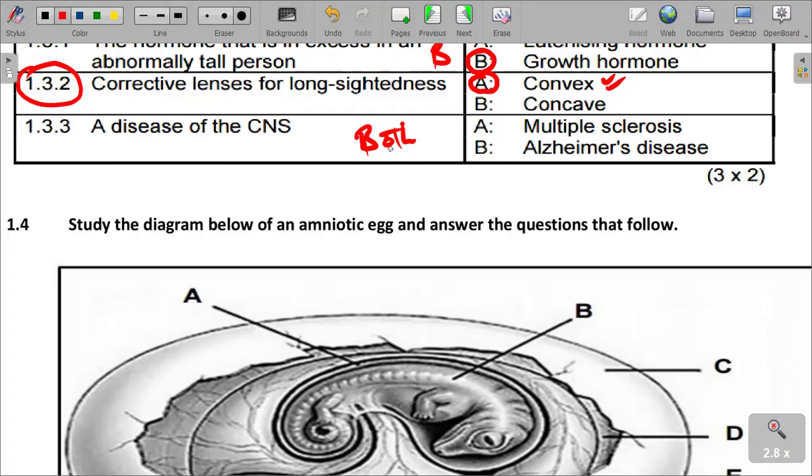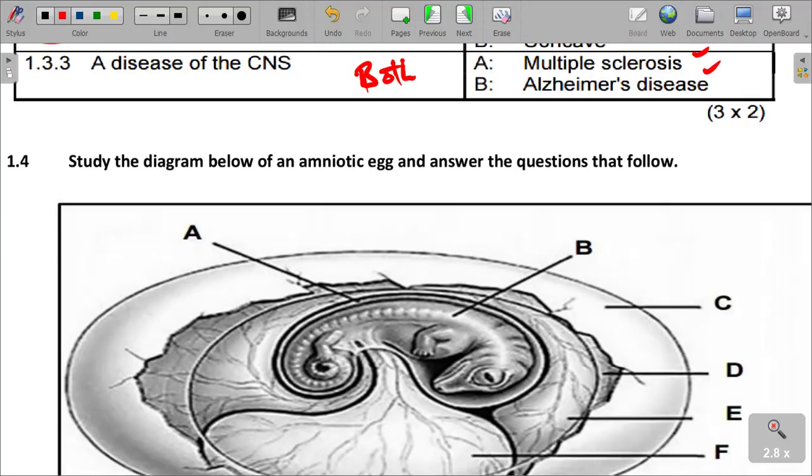This is both A and B. I remember the multiple sclerosis: we talk about the hardening and cracking of the neurons, which also causes the neurons to be uncovered, so there is a retardation in the speed at which impulses travel through a neuron. Alzheimer's disease is another central nervous system disease, which causes degeneration of brain cells.